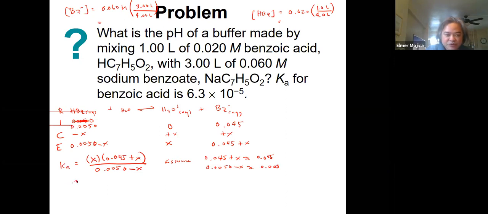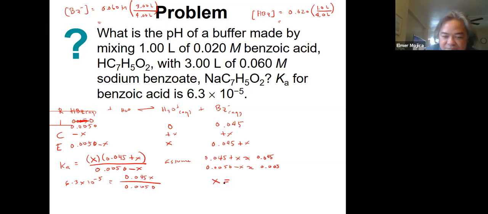You will have 6.3 times 10 to the negative 5 equals 0.045 times x over 0.005. So solve for x. I cross multiply it with that one and then divide it with 0.045. So do it yourself.